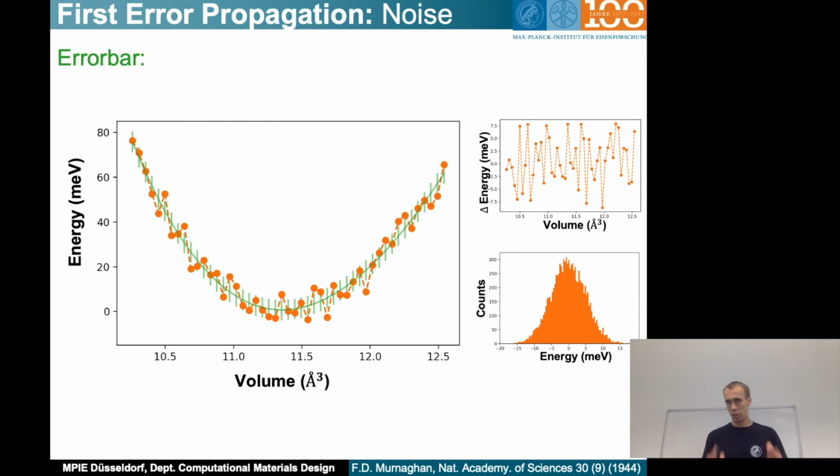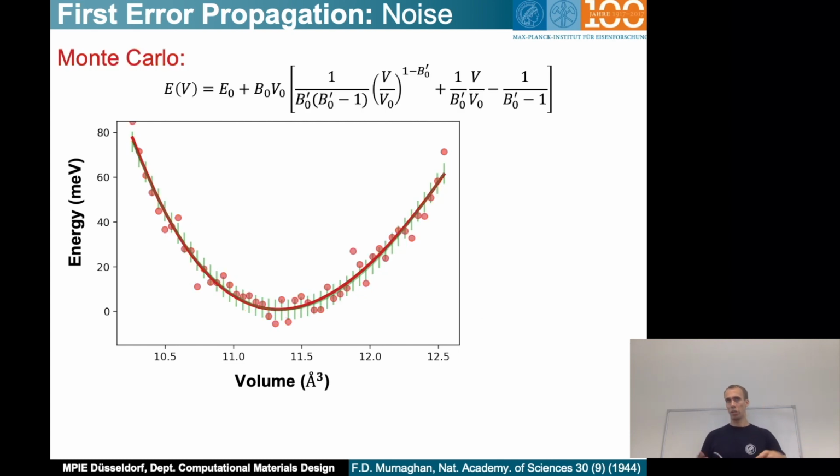So I just take the standard deviation, or twice the standard deviation, to get an error bar at each point. And then with this error bar, I can again sample the distribution and get the next point at exactly the same volume, right? So I have this orange distribution, this is my original distribution. Now I can create another sample just based on the error bar information. Just sampling this. And this is just very cheap, right?